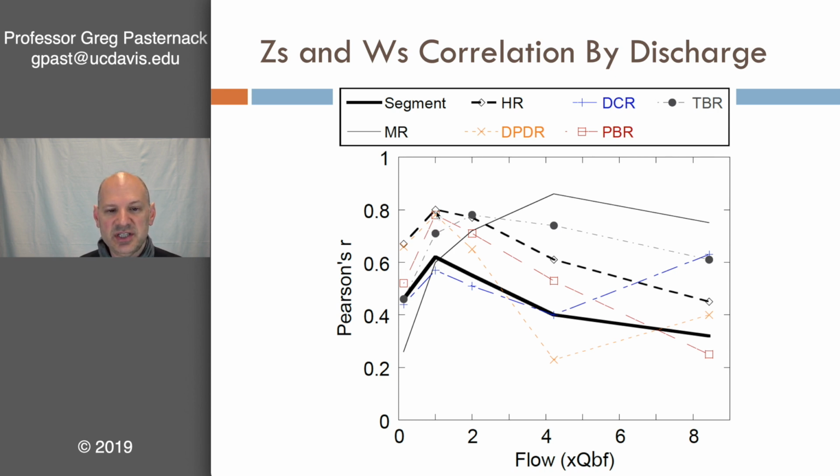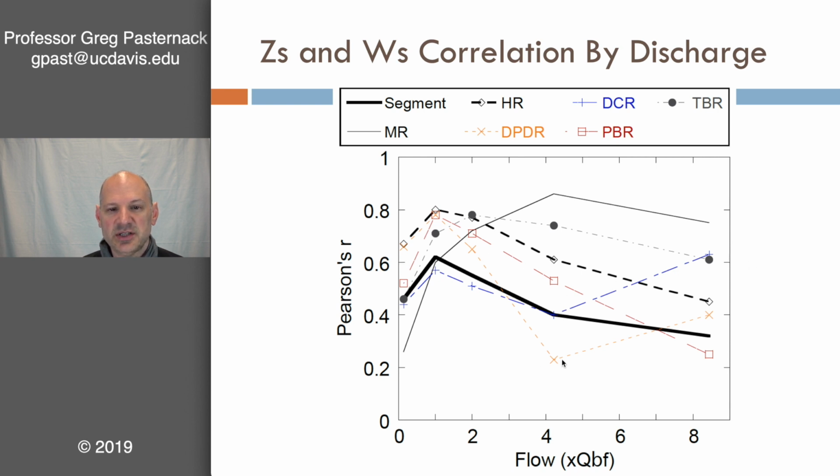There are individual reaches that go substantially higher, up to 0.8, and there are other reaches that reach their peak at 2 times bankfull. But generally, between 1 and 2 times bankfull, we've seen consistently a peak in the correlation between bed elevation and width. All this means is that these two variables are strongly related to each other, and this is true across most flows.